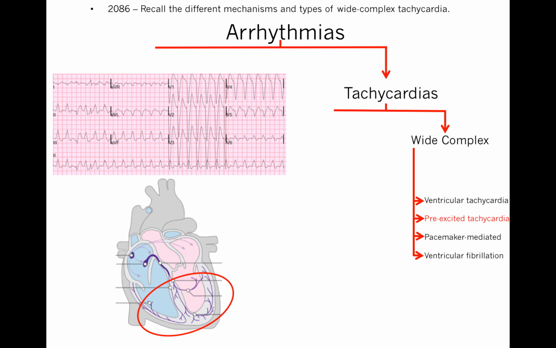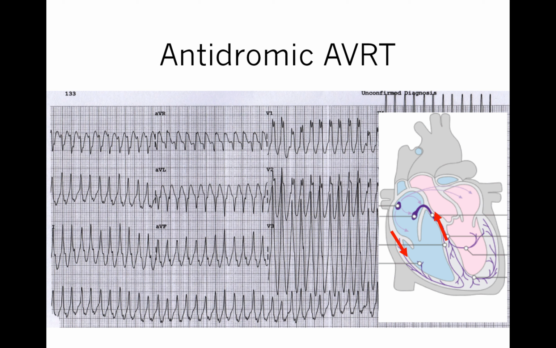And although we haven't talked about this yet, you're all familiar with it. We talked about how if somebody has an accessory pathway, electrical signals can go down the AV node and up the pathway, down the AV node and up the pathway, and that causes a narrow complex tachycardia. Well, you can also go down the pathway up the AV node, down the pathway up the AV node.